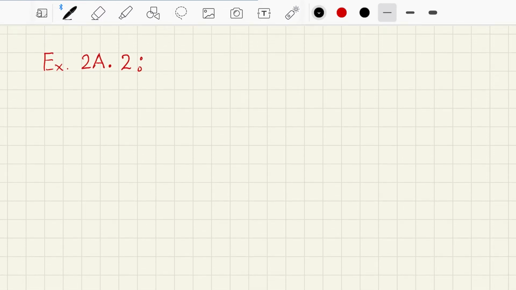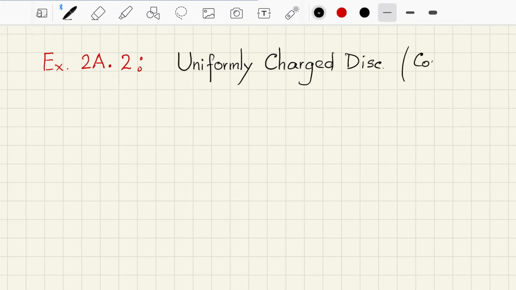Let me go to one which is a uniform disk. Uniformly charged disk is something that we'll encounter again and again in this course. So let's try and solve it for a uniformly charged disk, and this is about Coulomb's law.